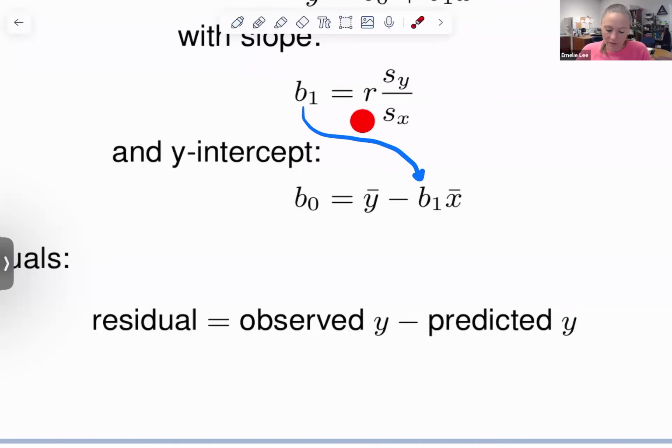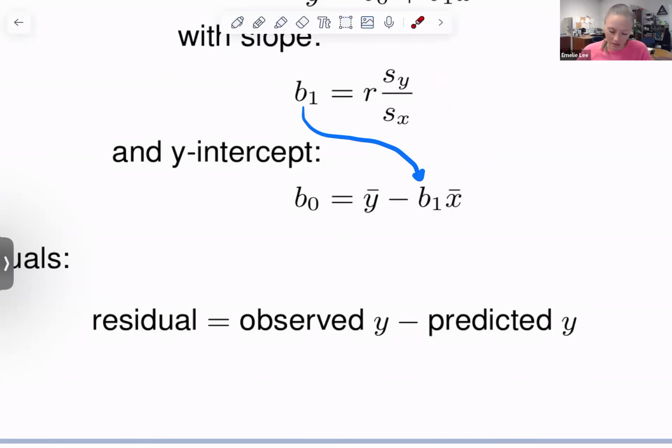So the slope is the correlation, which I'll give you in one way or another. Might make you calculate it using that simpler formula. Probably not. And then times the standard deviation of your y's divided by the standard deviation of your x's. Now, this is where it's really important that you don't mix these up, right? 1/2 is very different from 2 divided by 1, right?